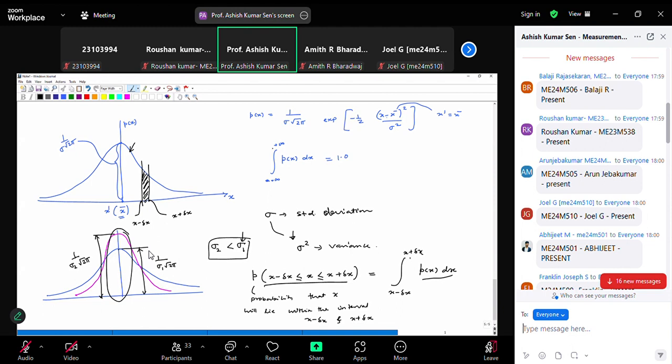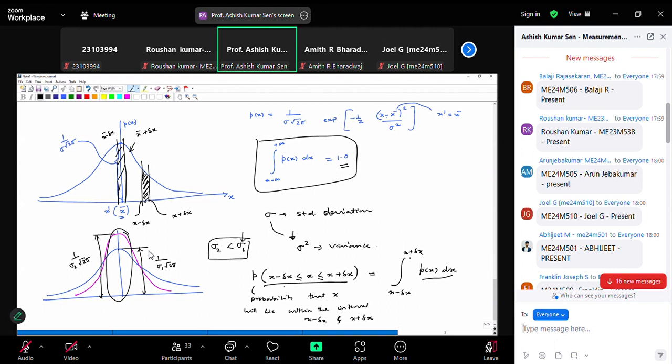If you integrate from minus infinity to plus infinity, you of course get 1, because that is the total data set, isn't it? You can also find out what is the probability that my data is going to lie between x mean minus delta x and x mean plus delta x.